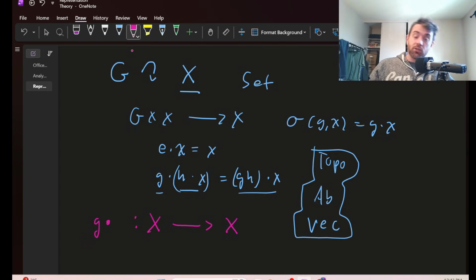Now, if that doesn't make sense to you, all I mean is that it's the right kind of map for the sort of structure that X has. So for example, if X were a topological space, we would want this map to be continuous.